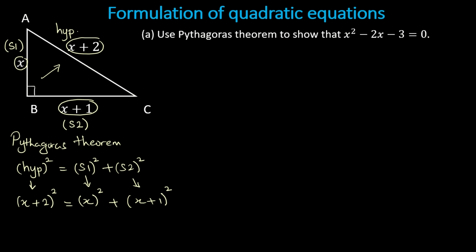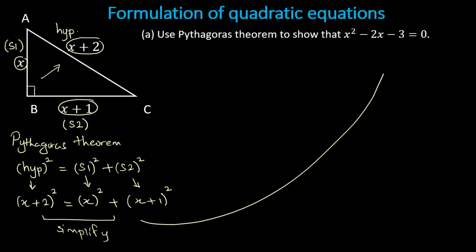Now all we have to do now is to simplify this equation until we reach this one here. This is the question of part A, right? So how can we simplify it? I continue here above. So the left hand side is x plus 2 to the square.